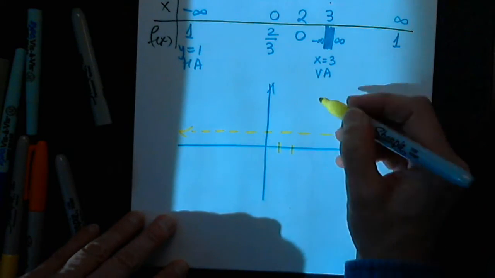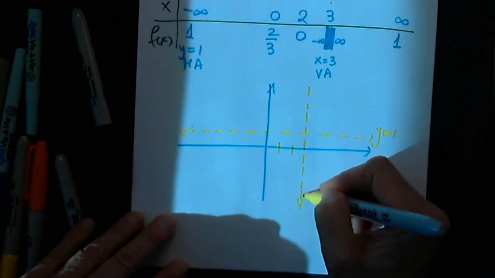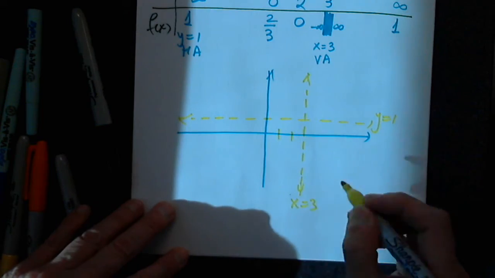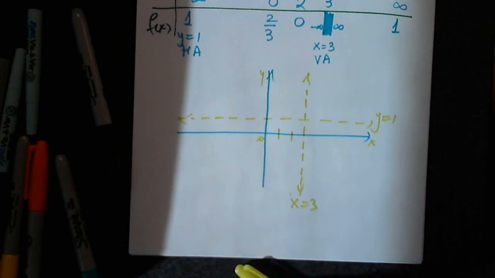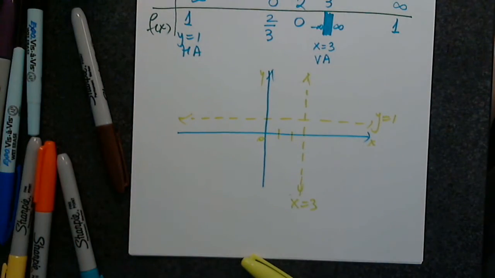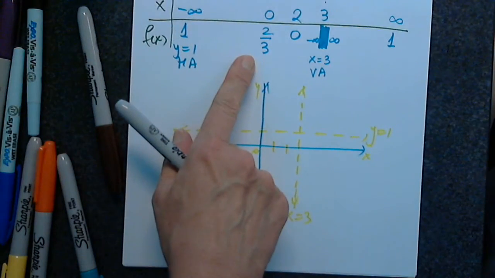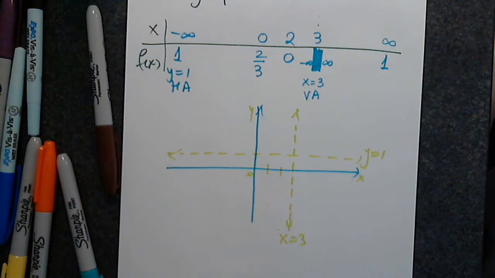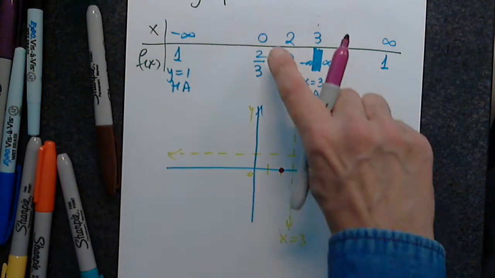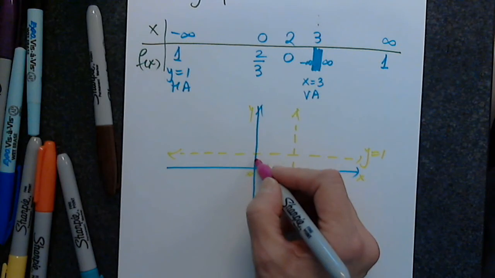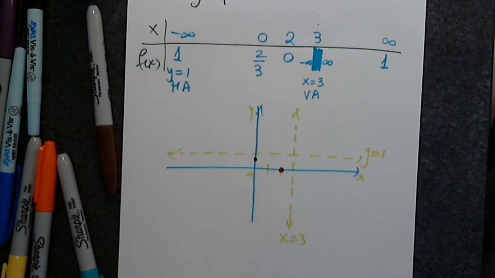I have to graph x equals 3 as the vertical asymptote. And now I'm going to plot these points. So (2, 0) is this point. (0, 2/3) is 2/3 here.